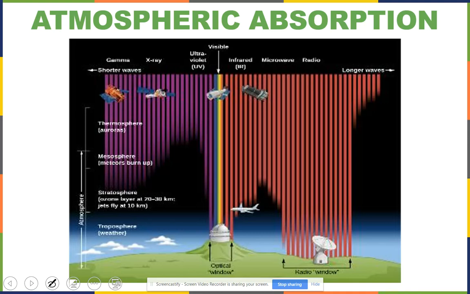So what are you going to have to do if you want to make an X-ray telescope? You're going to have to launch in space. You're going to have satellites to make the observations. Now, it does show a satellite here. What satellite is that? Yeah, that's the Hubble Space Telescope.